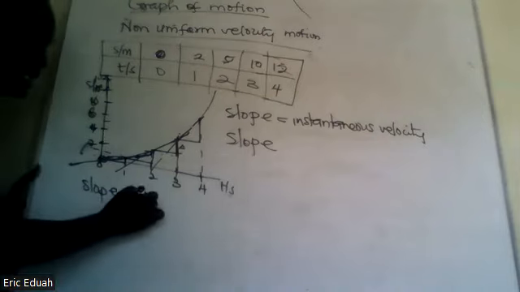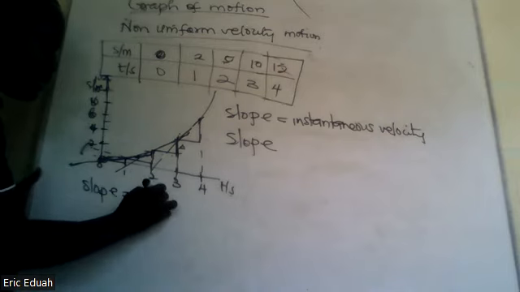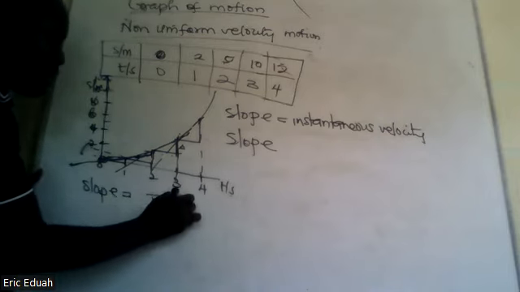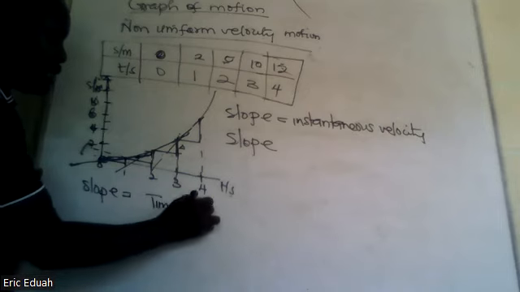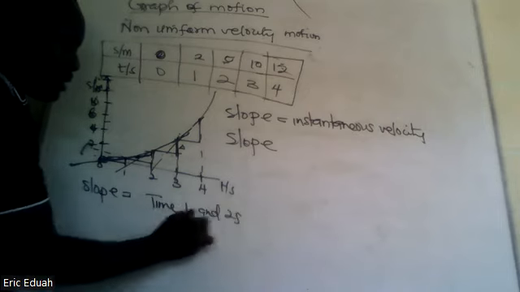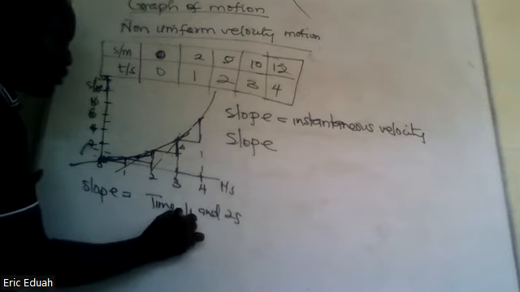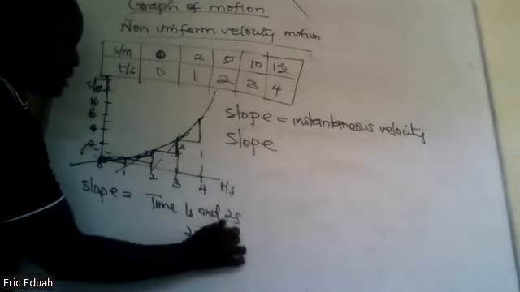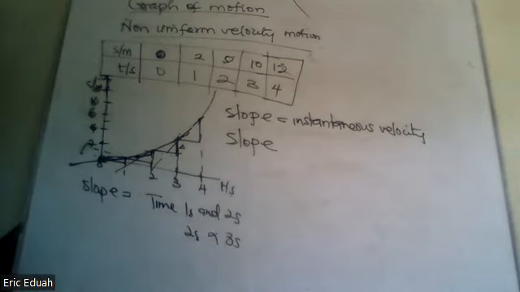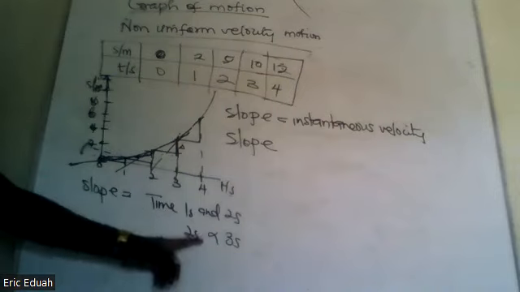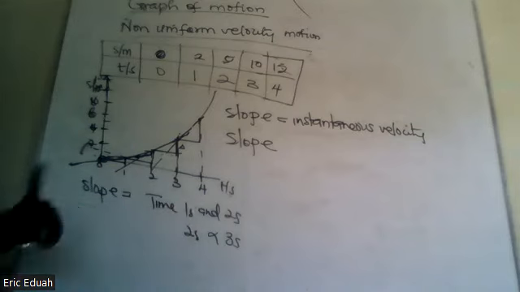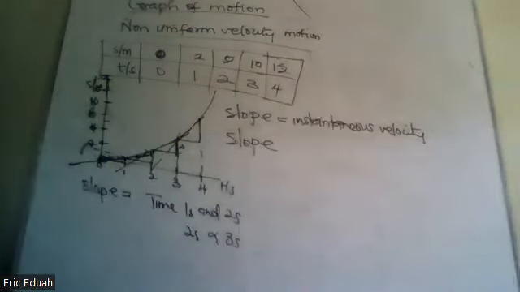The velocity within the time interval 1 second and 2 seconds, and then 2 seconds and 3 seconds. Which one do you think will be greater? Three and 2. You think that this will be greater than this? Why do you think so?